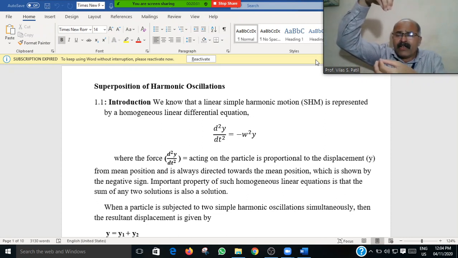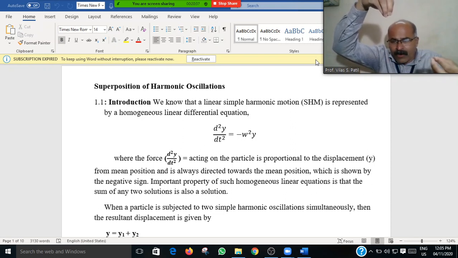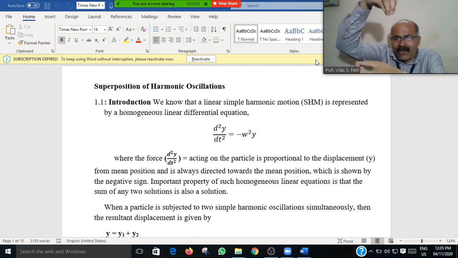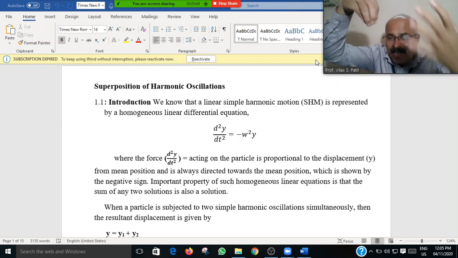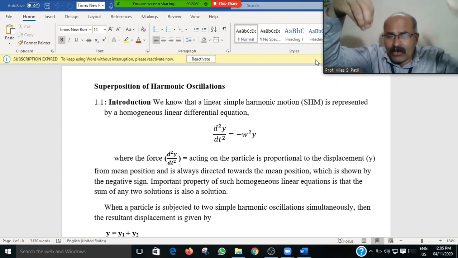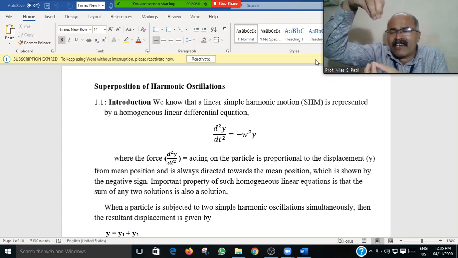But as we pull and release the pendulum, its amplitude decreases slowly with each oscillation, and after some time the pendulum comes to the mean position.